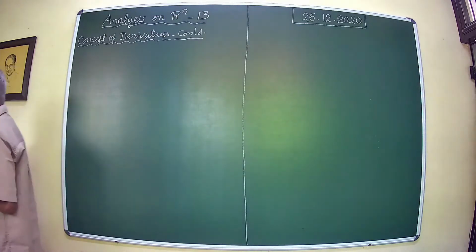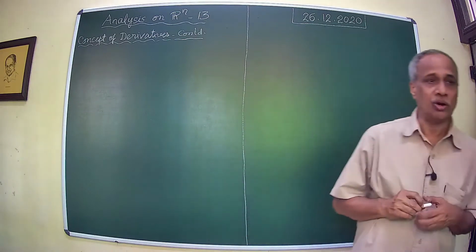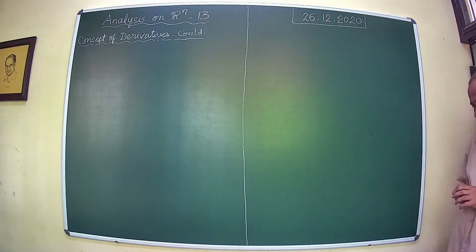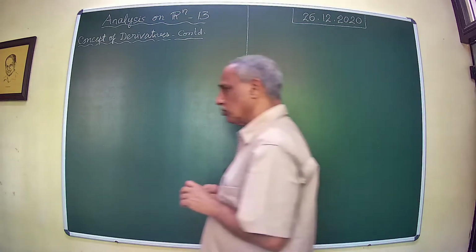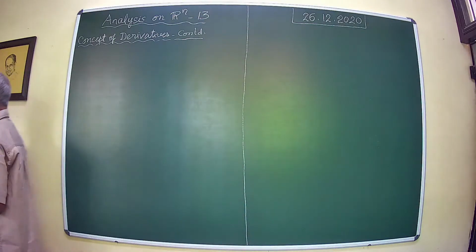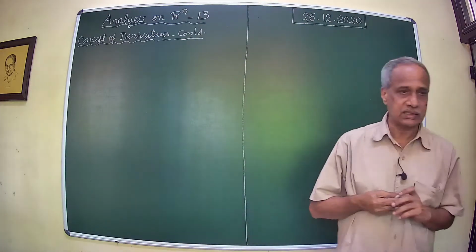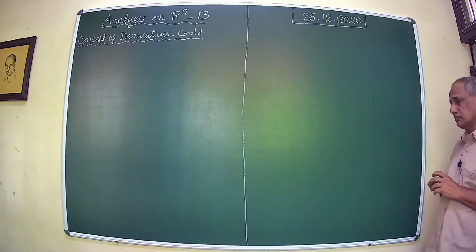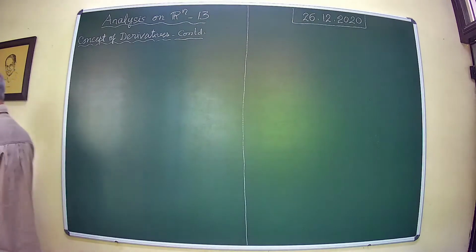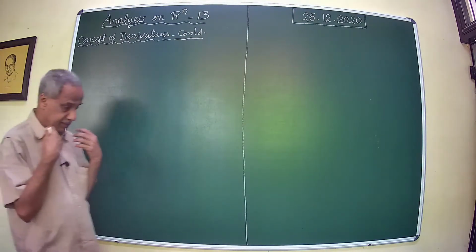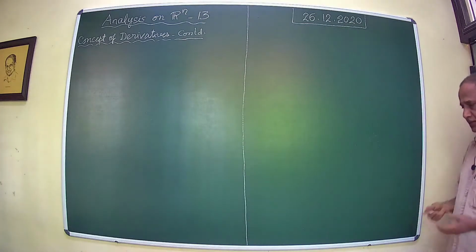Let us recall what we did last time. We introduced the concept of derivative. In fact, we had a hard look at the concept of derivative in one dimension, namely functions defined on open subsets of the real line, and then we found that the same idea works in many contexts.